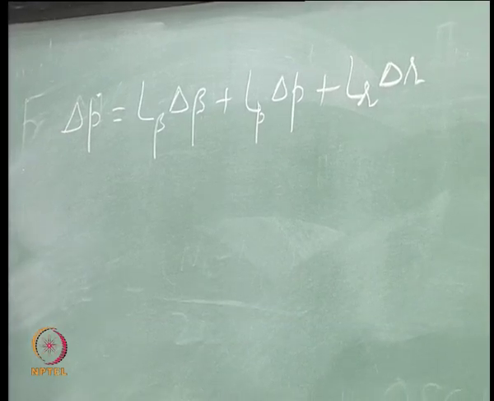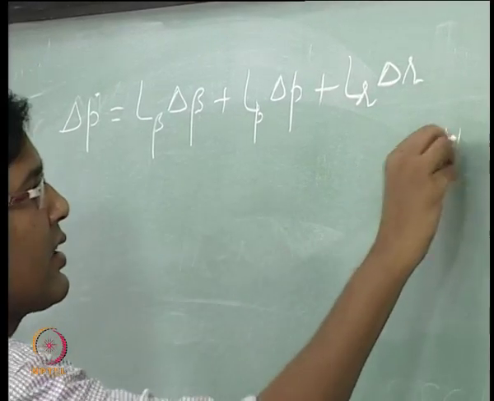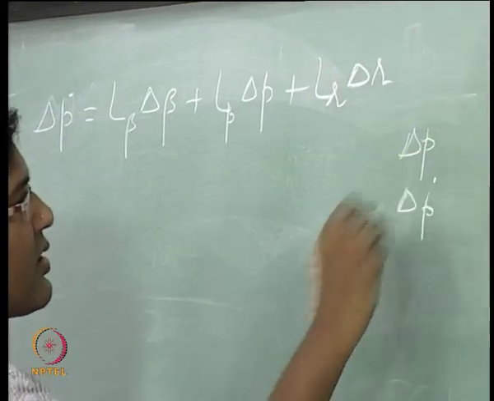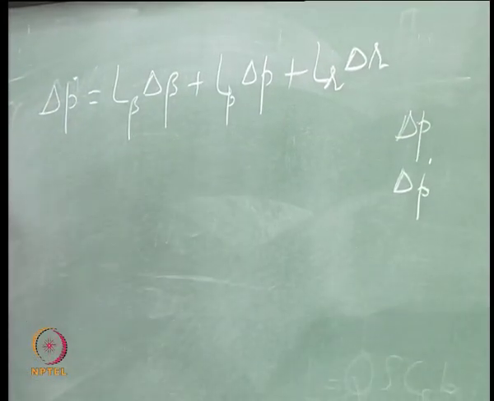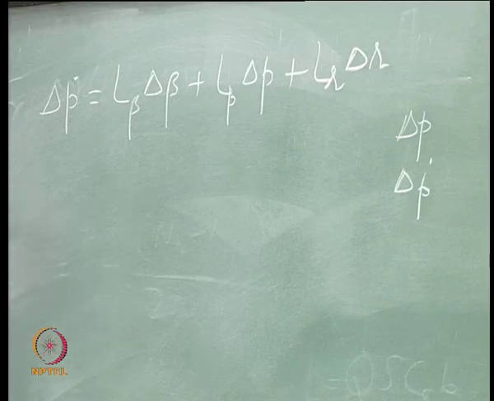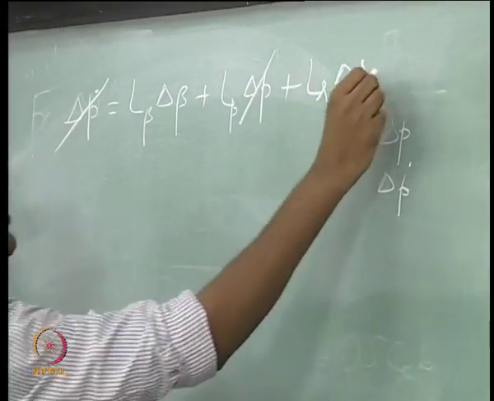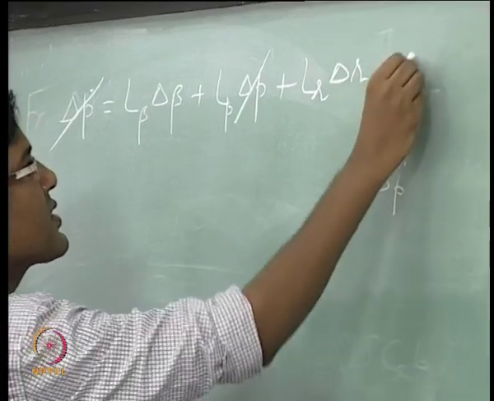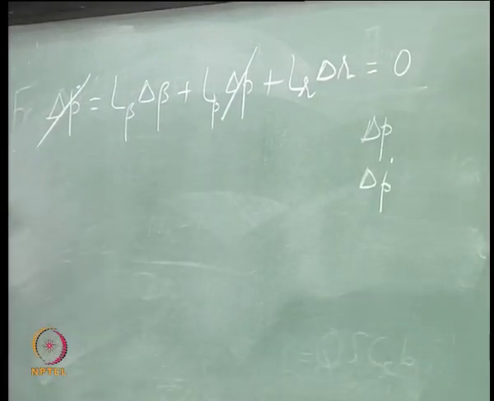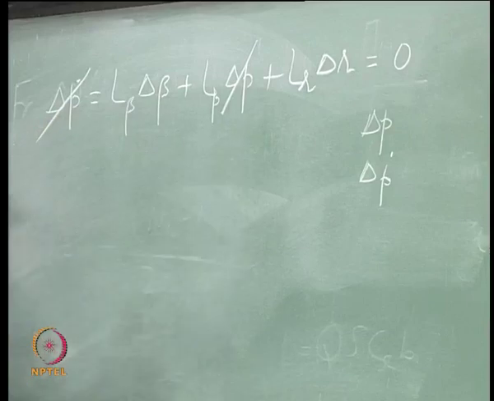So, I can set this delta p or the derivative of this delta p dot to 0, right. It is a steady change in bank angle. So, you can set these two parameters to 0 and it gives you this.